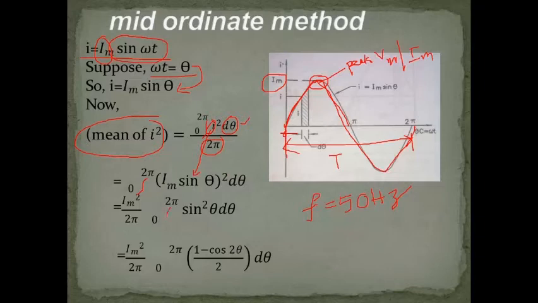Now we can simplify. Instead of i, we replace Im sin theta whole squared d theta over the period of 2 pi, taking limits 0 to 2 pi. The 1 by 2 pi is taken out, which is constant, and Im squared is also constant. So i squared is Im squared by 2 pi for the limits 0 to 2 pi into sin squared theta d theta. We know sin squared theta can be written as (1 minus cos 2 theta) upon 2.